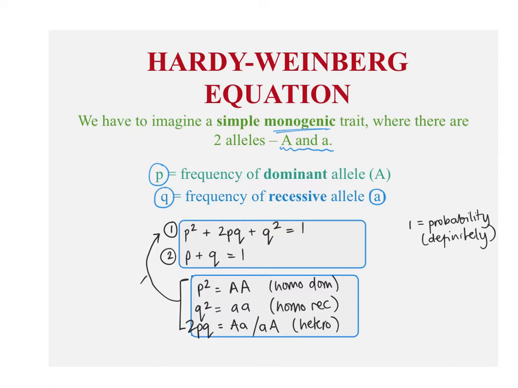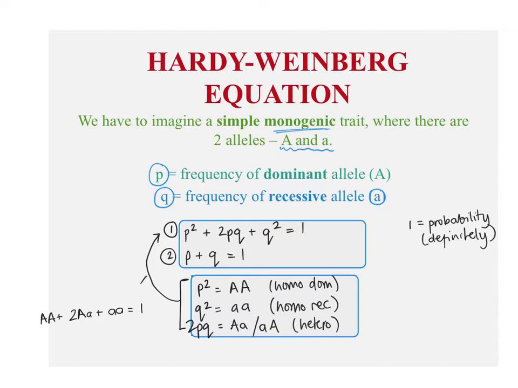What equation 1 is saying is that the frequency of a homozygous dominant genotype plus the two heterozygous genotypes, so either big A, little a, and little a, big A, and the frequency of the homozygous recessive genotype equals 1. And that makes sense. There are going to be no random mutations that mean someone brings a different allele in, because this is one of those caveats, the important things that keep this working.